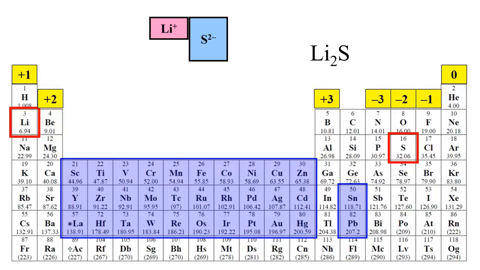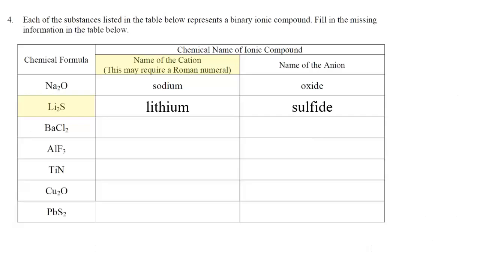Again, the chemical formula has already been given to us as Li2S. I'm just showing you how the charges are going to work out. If you have 2 lithium ions and 1 sulfur ion, you get a total charge of 0. But without a Roman numeral, it's going to be lithium, and again, sulfur becomes sulfide. So there's our correct chemical name for Li2S, just lithium sulfide and no Roman numeral.